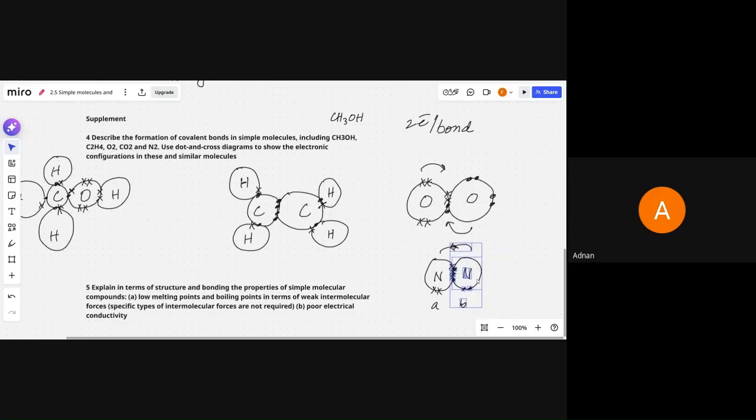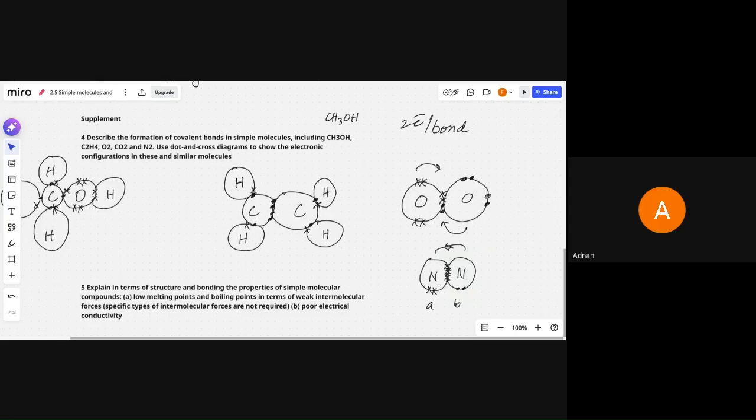Now the orbitals, the shells will overlap, and you must neatly represent the sharing of these 6 electrons between these 2 atoms of nitrogen. And since 6 electrons are shared here, it means that we have a triple bond between these nitrogen atoms.